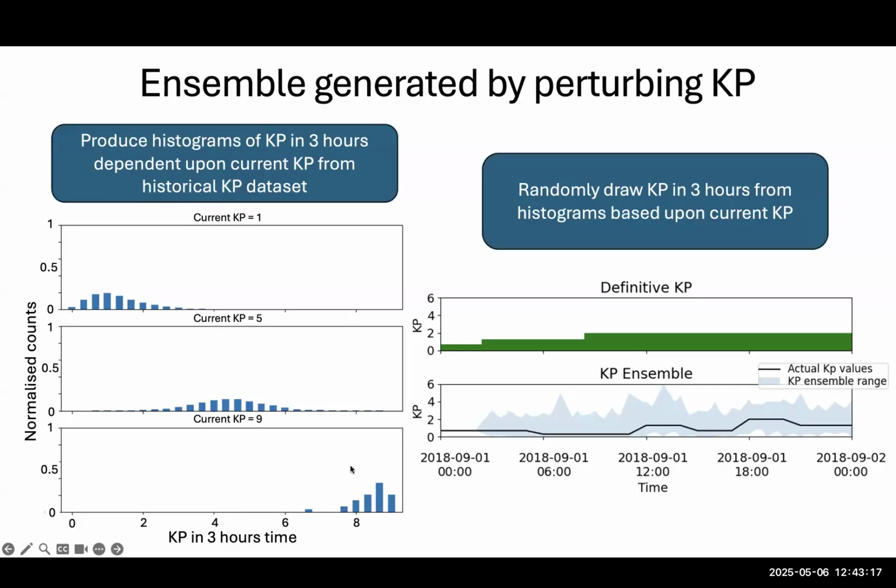And so this means that, based upon what the KP is at the moment, we can draw a random KP from these histograms in 3 hours' time. From that, we can generate an ensemble, albeit not for the first 3 hours.